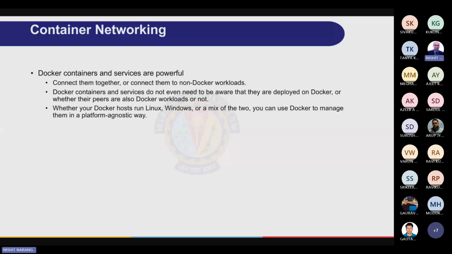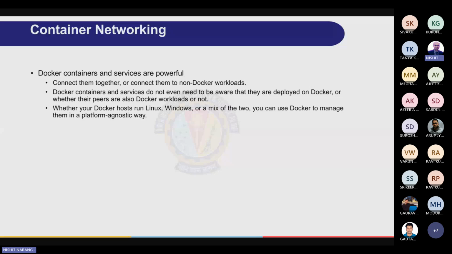How does Docker provide this networking functionality to applications running inside a container so that these applications can talk to external entities? Now, remember, these external entities to which the containerized applications are talking could be sitting inside a VM.